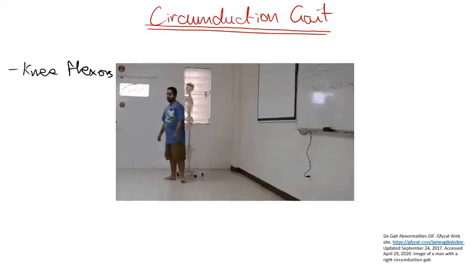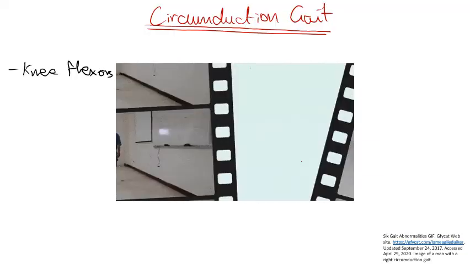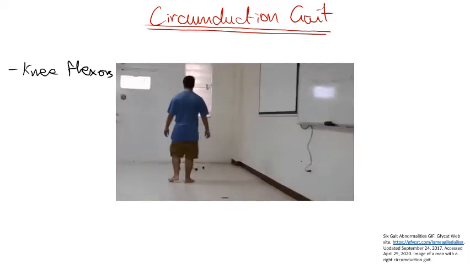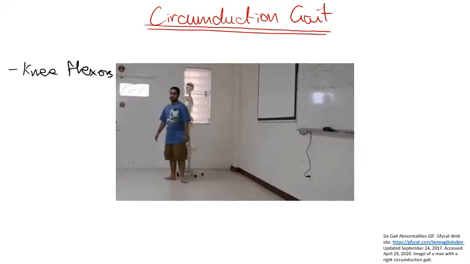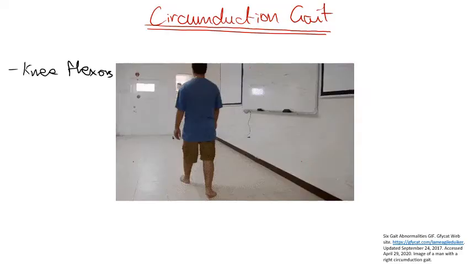So there is a pathology associated with these knee flexors, and in order to compensate for this weakness of these knee flexors, the person is lifting their leg to a greater extent to counteract that.